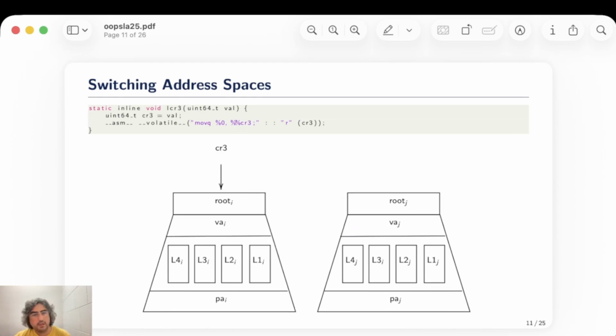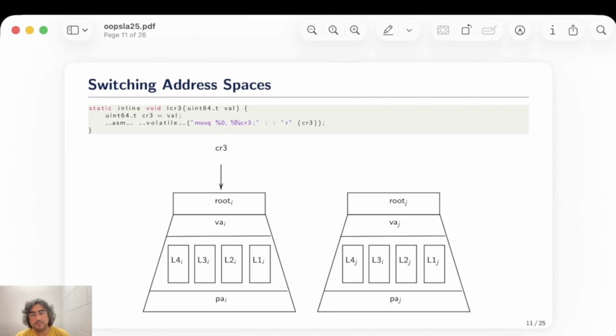Up until now, we were inside the address space. But if we take a step back, we will see that there are multiple address spaces in the kernel, and these are managed by a component called the Virtual Memory Manager. One of the most essential functionalities of the Virtual Memory Manager is switching between address spaces.